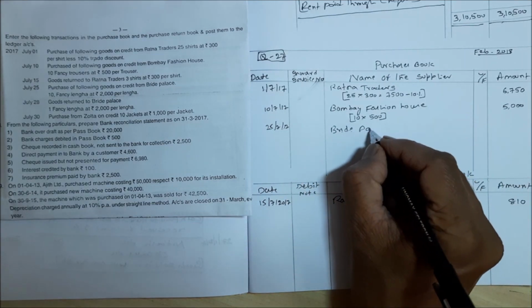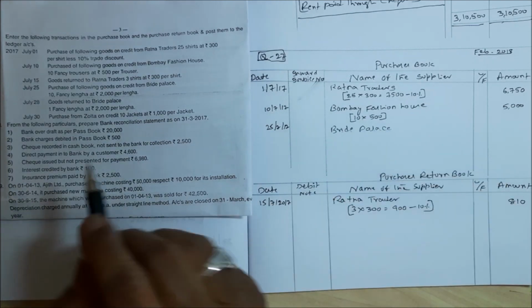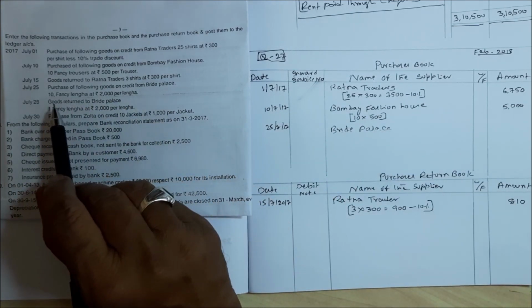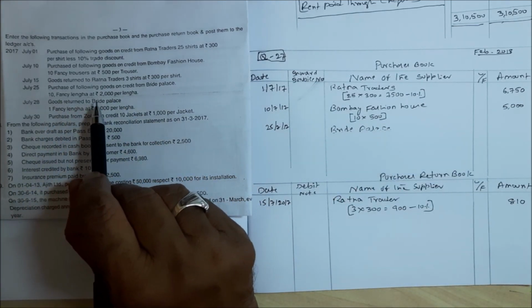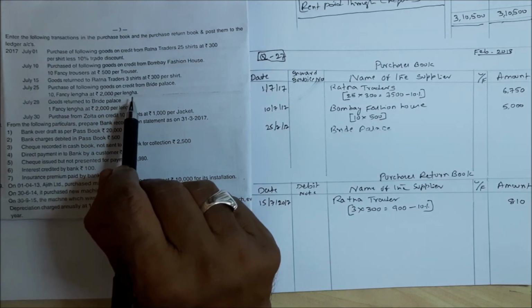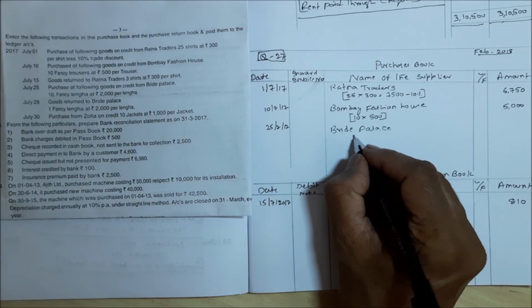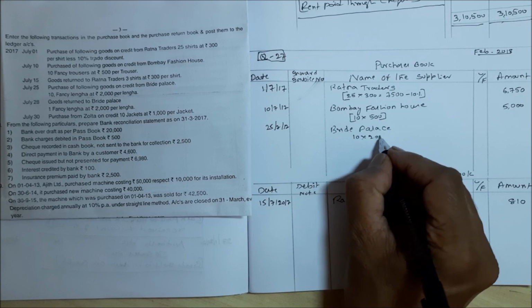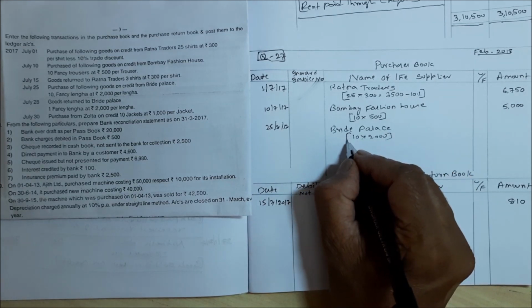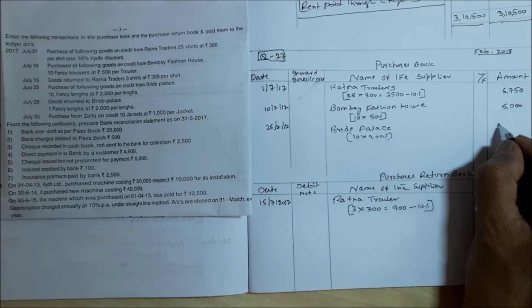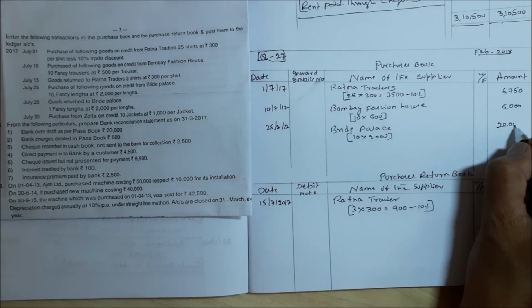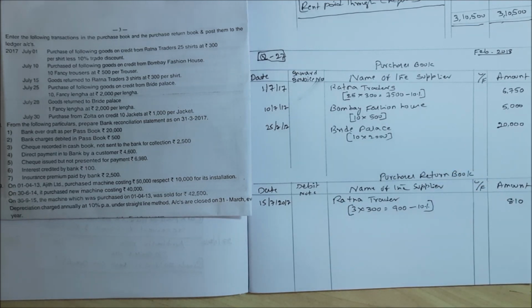What are you purchasing? 10 fancy lehenga at rupees 2,000 per lehenga. So 10 into 2,000, it is 20,000. Finish.